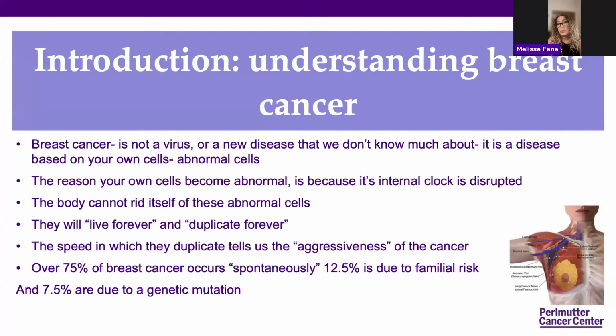So when we see a triple negative breast cancer in the office, we really want to pay attention to family history and genetics. We want to do genetic testing to make sure there's not a BRCA1 mutation because management can change. And 12.5% of all breast cancers have some familial risk.